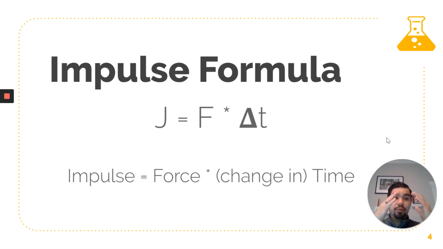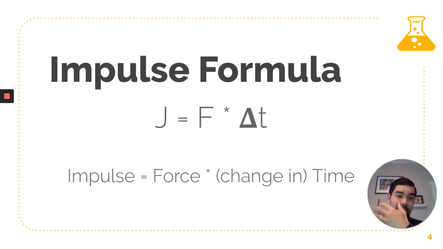Now, if we want to know how to calculate impulse, or that change in momentum, we have a simple formula. Our symbol for impulse is the letter J, and impulse equals the force multiplied by the change in time. So let's say with a baseball bat hitting a baseball, you're going to use a lot of force in a very short amount of time.